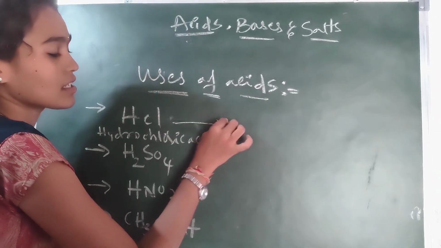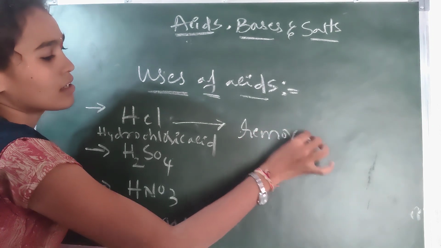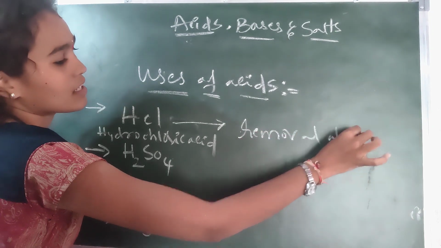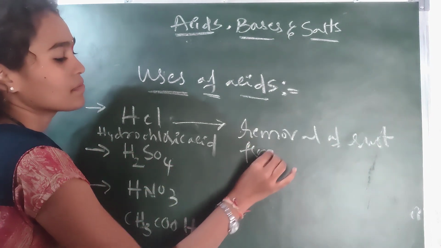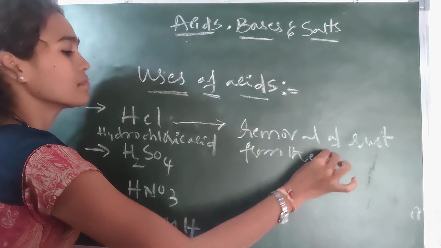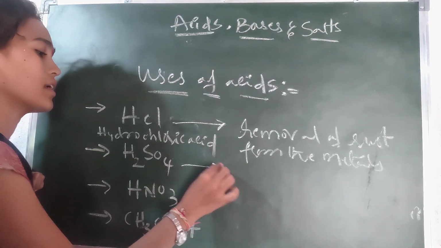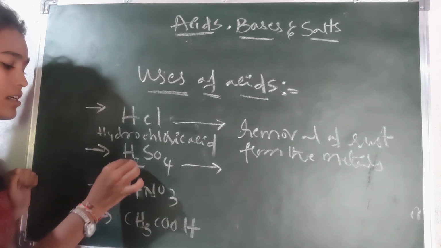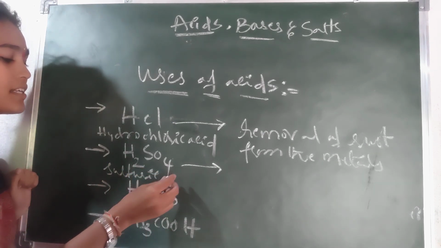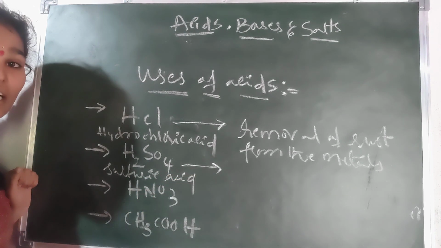Mostly for the removal of rust from metal surfaces. And the second one, H2SO4, sulfuric acid. Sulfuric acid is the king of chemicals. What is the use of this sulfuric acid?